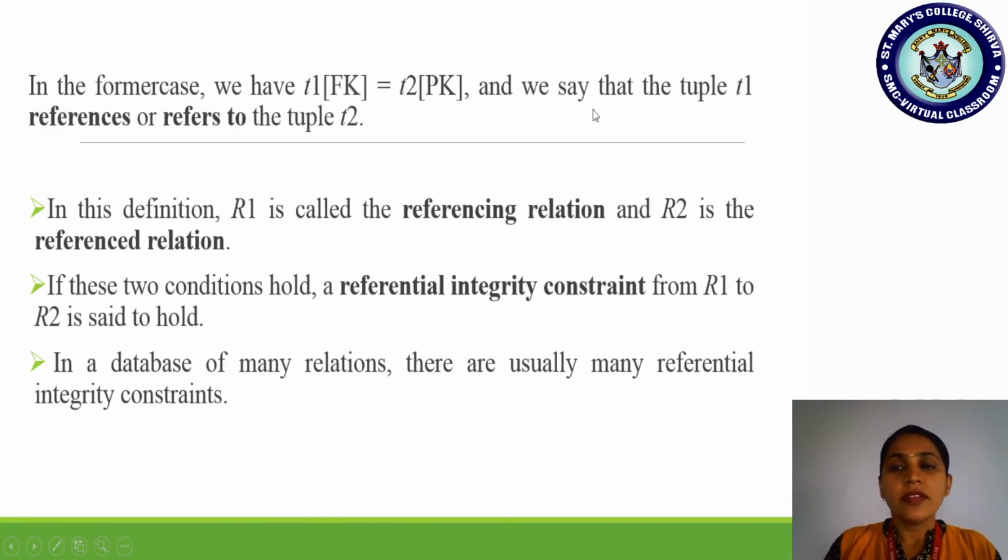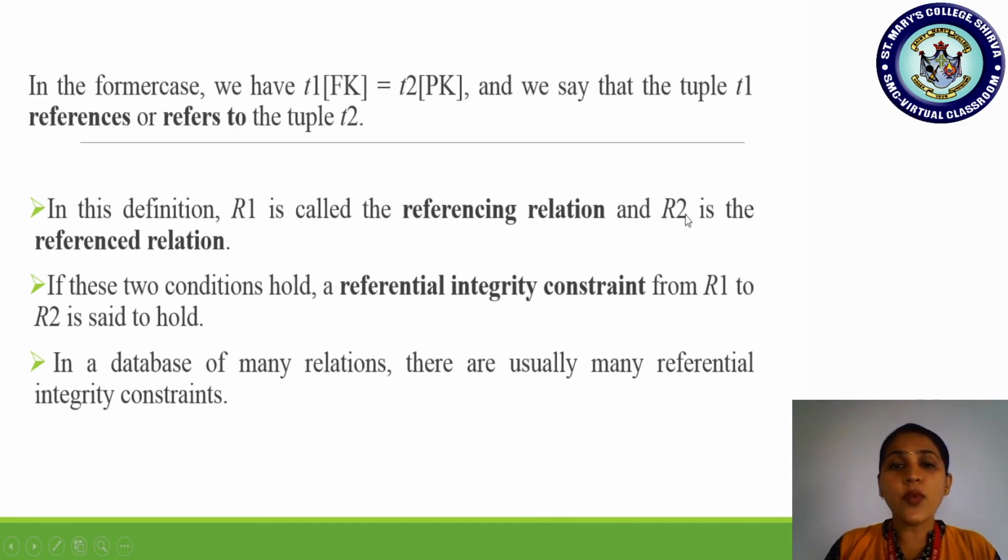Then in this definition, R1 is called the referencing relation and R2 is the referenced relation. So what is R1? For example, the employee is telling that the employee is working in department number 5. So the employee relation becomes which type of relation? The referencing relation.